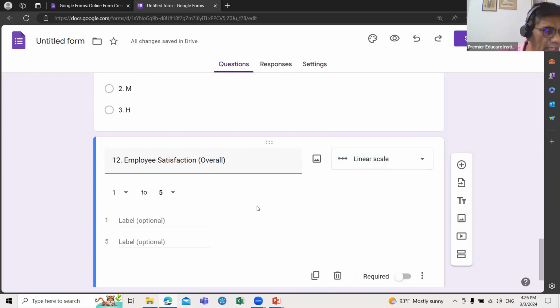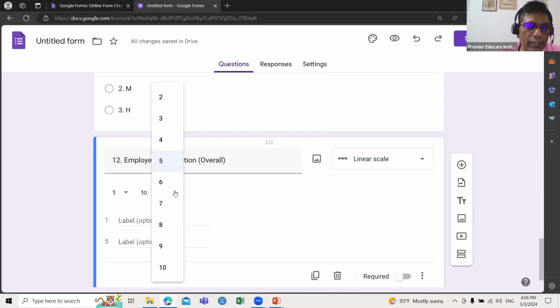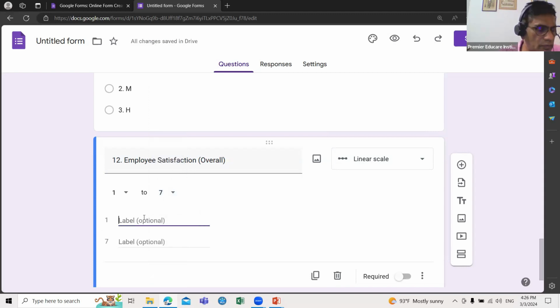How many scales are there? 1 to 7, right? So what is the first one? Number 1 is very strongly disagree, right? This is number 1.